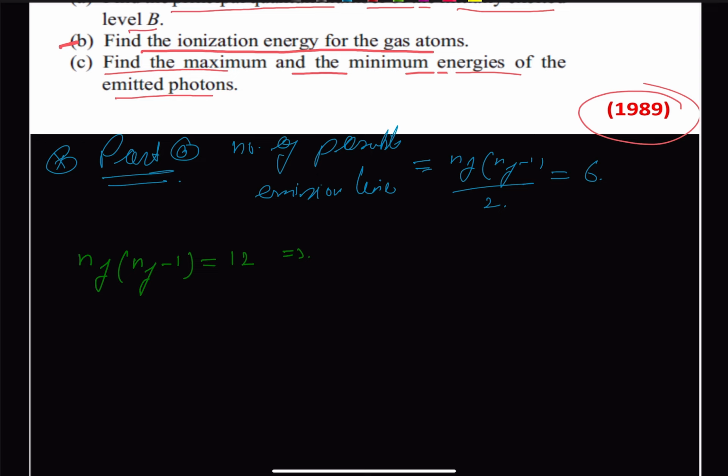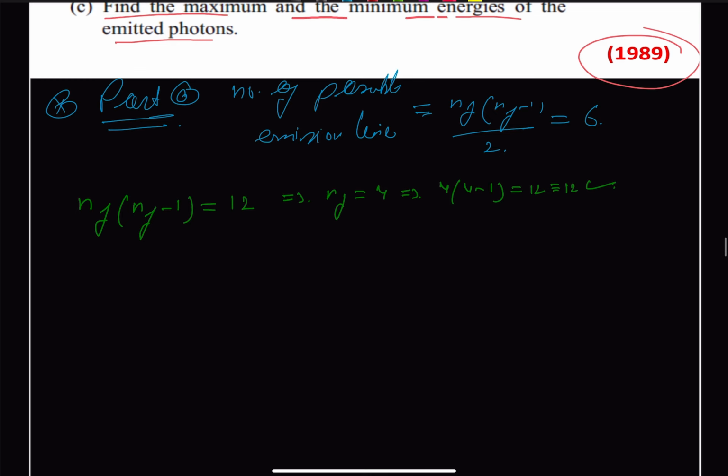So first of all, let us take the value of NF equal to 4. Then we get 4 times (4 minus 1), giving us 12, which is equivalent to 12. So this is true. Next we take NF equal to 3.